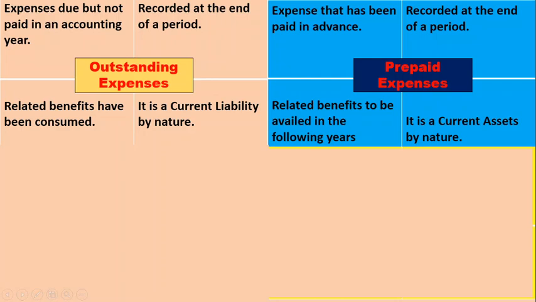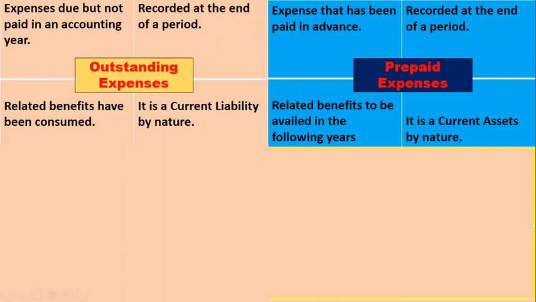Why am I saying current here? Because usually we pay advance money for 2 months, 3 months, or within a year only. If the advance is paid for more than 1 year, of course we will treat it as a fixed asset, not a current asset.